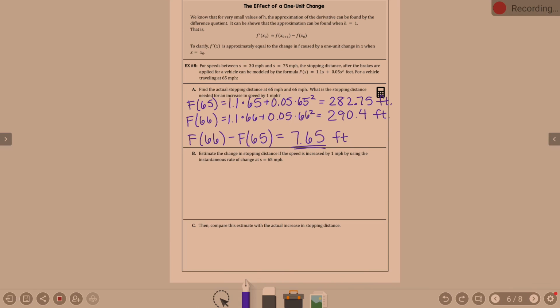So let's find f prime of s. I hate using s's. My s's and 5s are so hard to keep apart. So the derivative of the function is 1.1 plus 0.1s. Is that right?